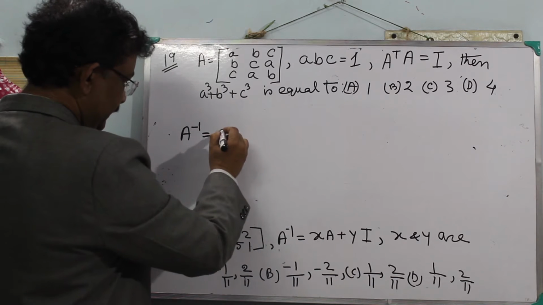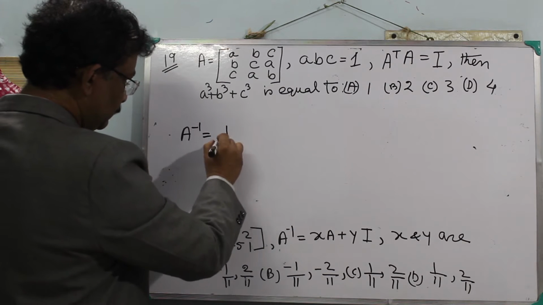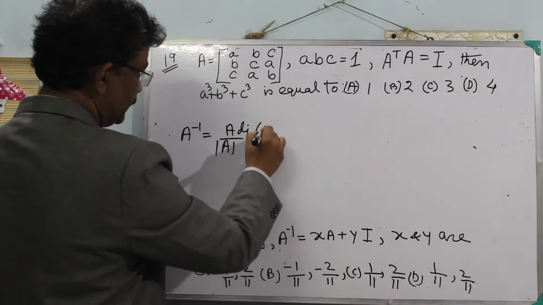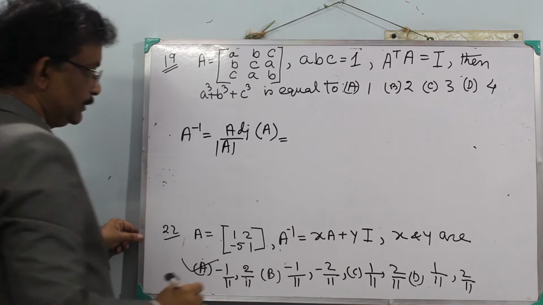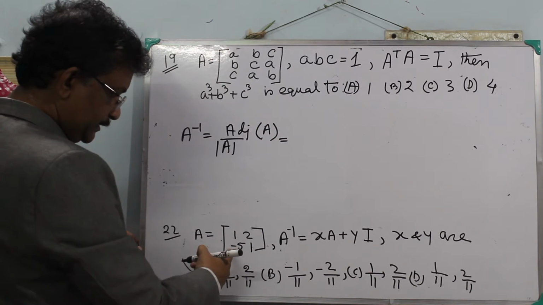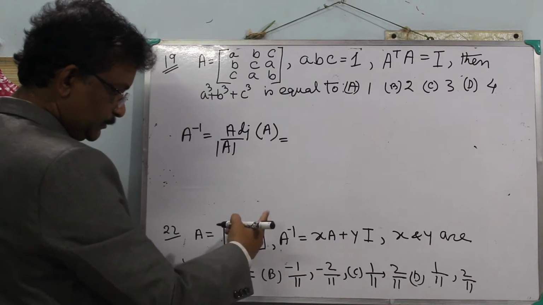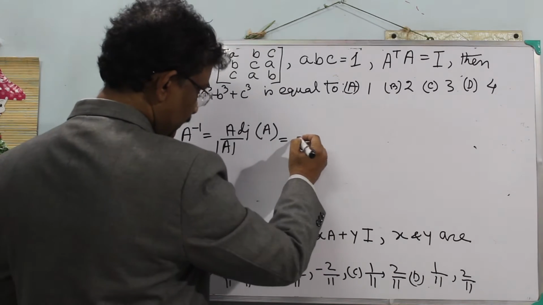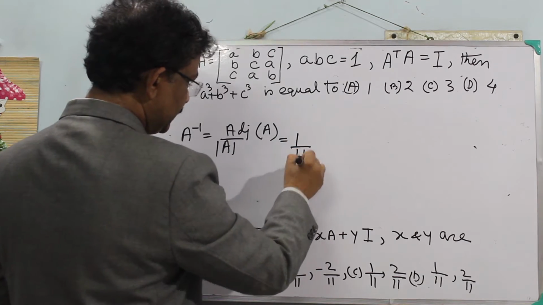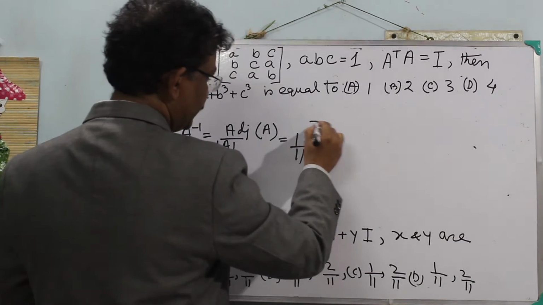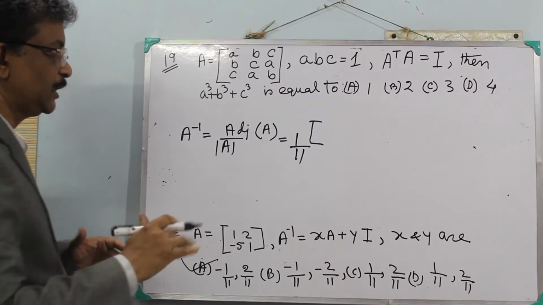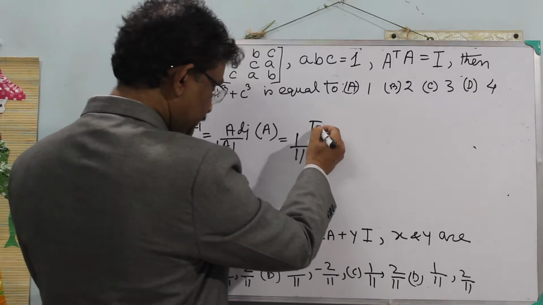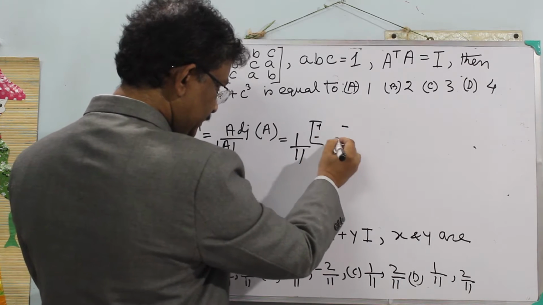So A inverse equals 1 by determinant A into adjoint of A. The determinant is 1 minus minus 10, 1 plus 10, that means 11. So this is 1 by 11 determinant A. Adjoint of A is the transpose of the matrix of cofactors. For the first element the signs are plus, minus, minus, plus.